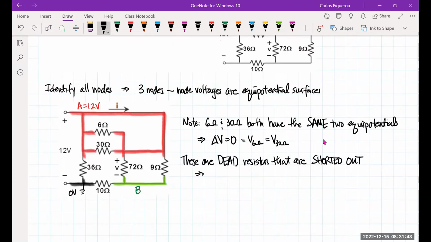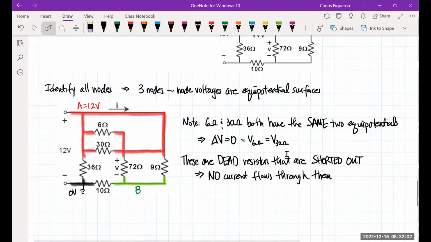That means no current flows through them. So what we need to do here is that we need to remove it.